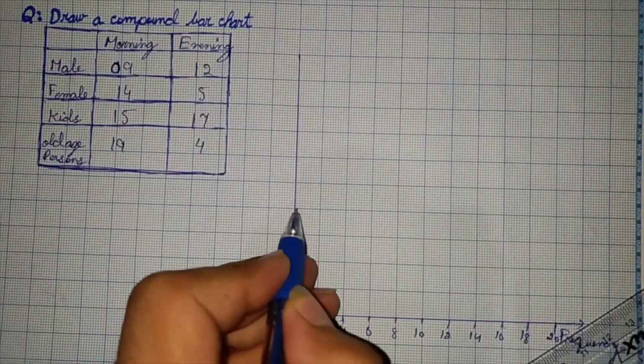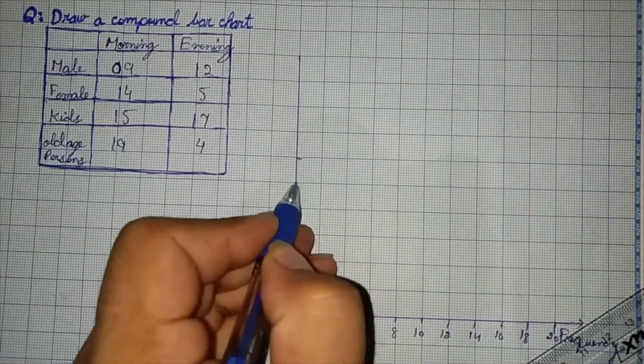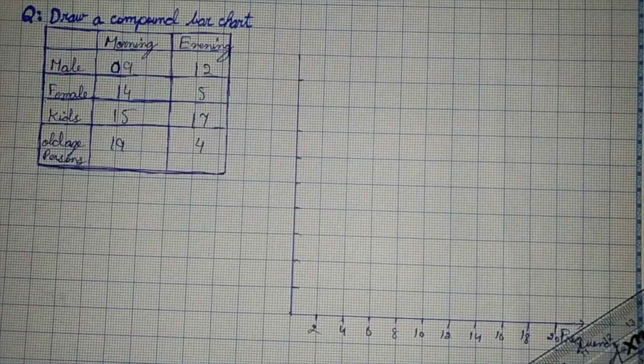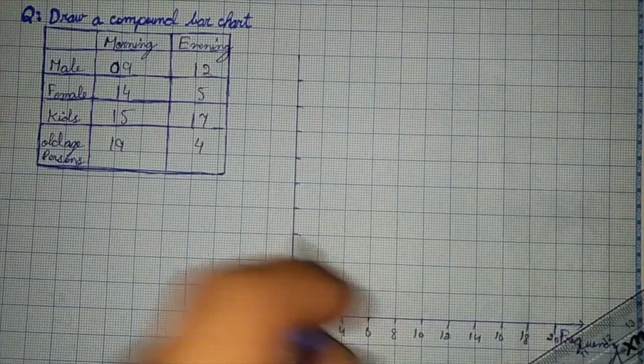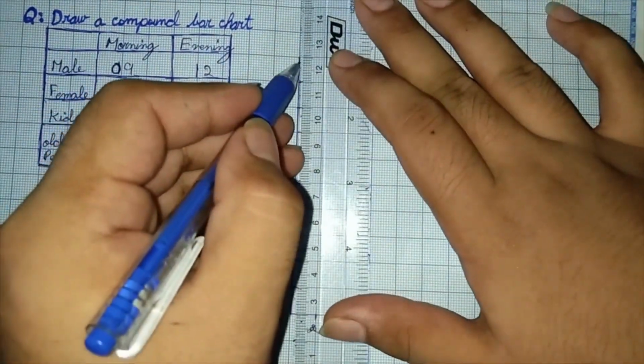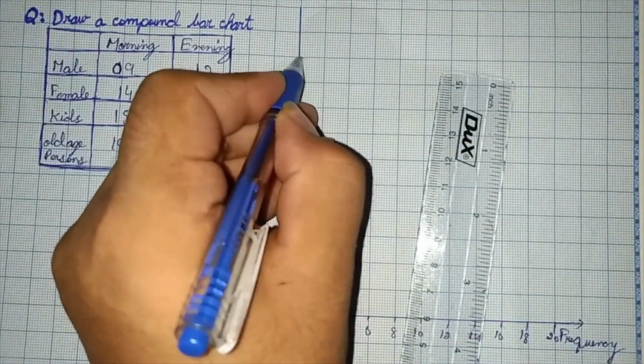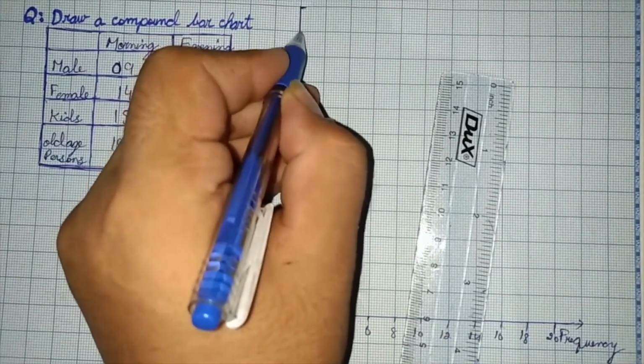So here we have 2, here we have 2, and here we will also have 2.